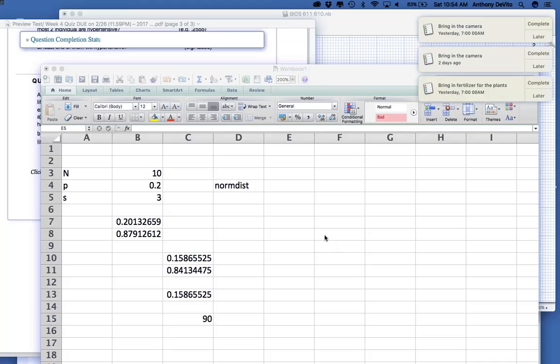I would use 3 because at most 3 would include 3, 2, 1, and 0. If you were interested in more than 3, I would use 3 to calculate 3, 2, 1, and 0 combined, and then subtract it from 1.